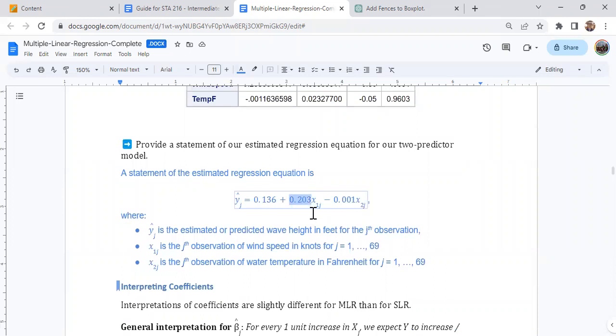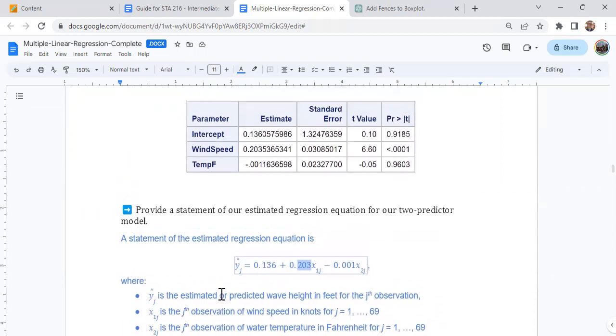It just happened to be in this case because the temperature and wind speeds were very unrelated. If you looked at the correlation between those two variables, it's probably quite close to 0. So that's why that happened here. But otherwise, in general, you can get quite different coefficient estimates for the multiple linear regression model than a corresponding simple linear regression model. Okay. And we'll talk about why that is when we interpret the coefficients.